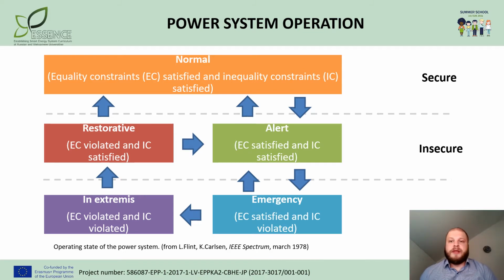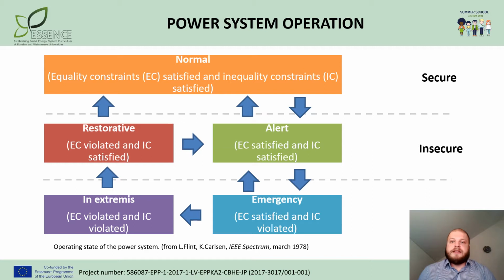In these states, power generation reserve margins are sufficient to provide an adequate level of security with respect to stresses to which the system may be subjected, like short circuit current or extreme weather conditions. If the security level falls below some threshold of adequacy, or if the probability of disturbance increases in some circumstances, then the system enters the alert state.